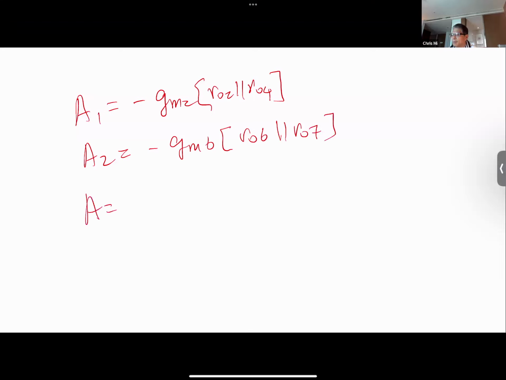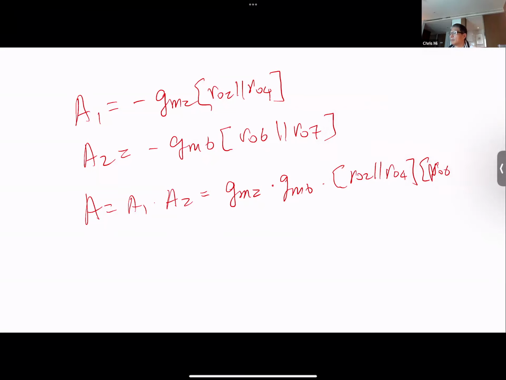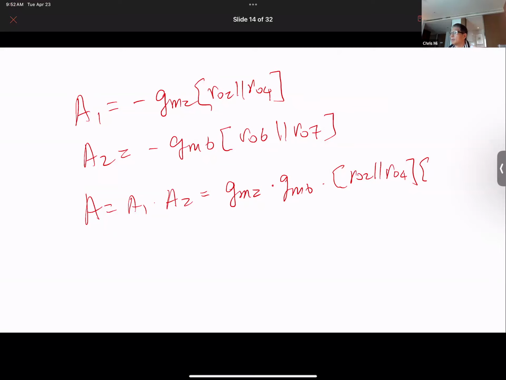Your total gain will be A1 times A2, equal to GM2 times GM6 times RO2 in parallel with RO4, and then times RO6 in parallel with RO7.